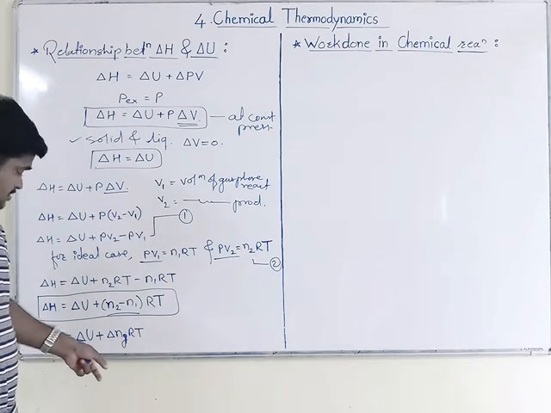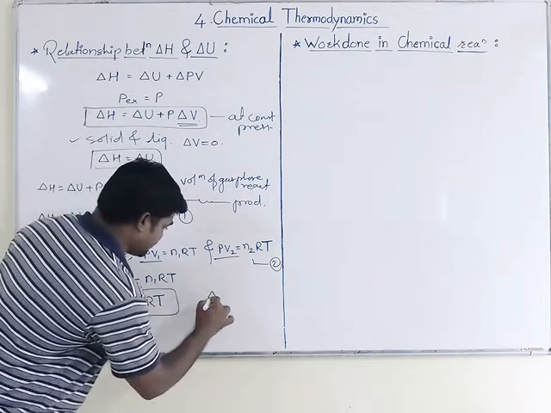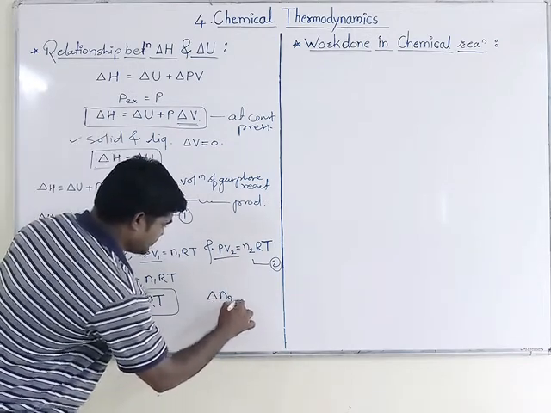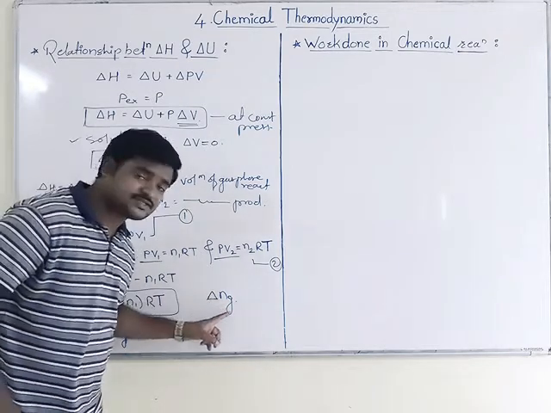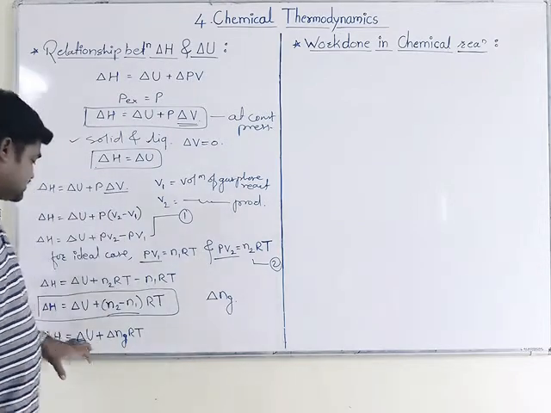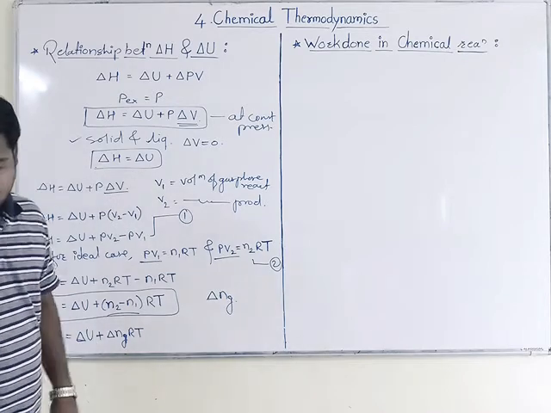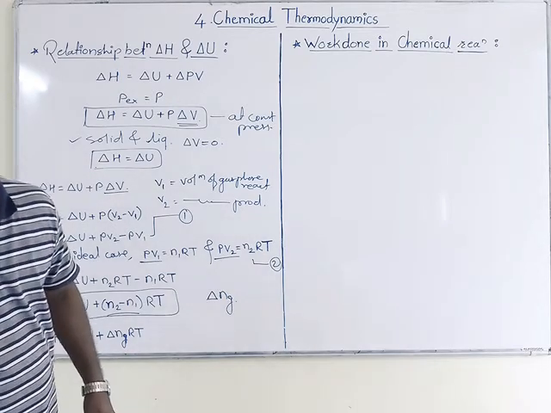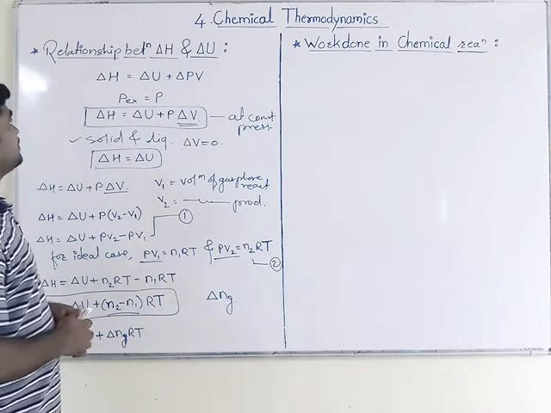Because this term delta n_g indicates the change in number of moles of that substance which is in gaseous state. So this is the notation, delta n with subscript g. Okay. So this is the final equation, or we can say this is the relationship between delta H and delta U.